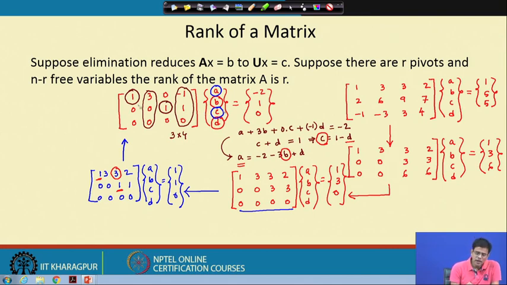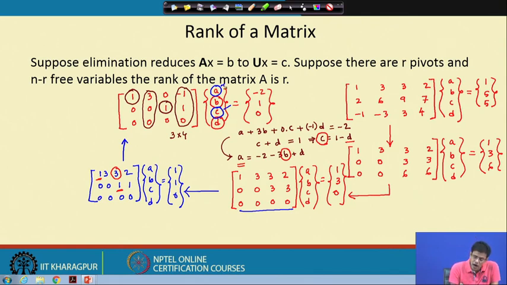If you look carefully, in this matrix column 1 is essentially a pivot column, so it contains a pivot, and column 3 also contains a pivot element. So column 1 corresponds to variable A, and column 3 corresponds to variable C. So if we know which columns the pivot elements belong to, we can also identify which variables are pivot variables.